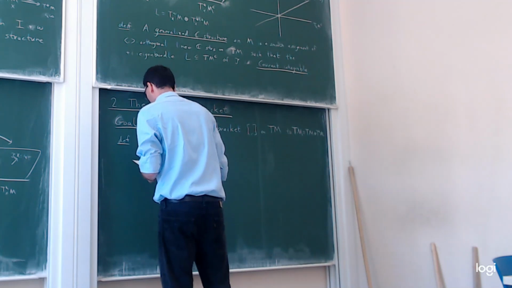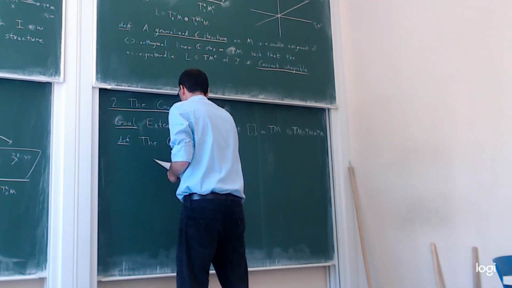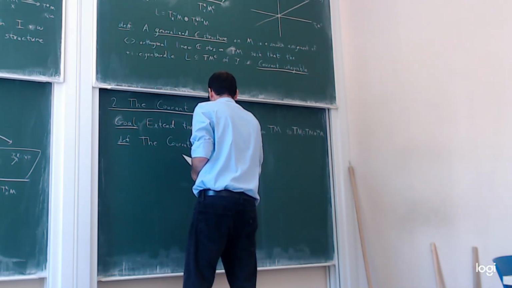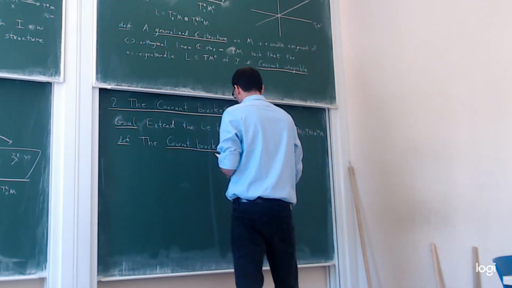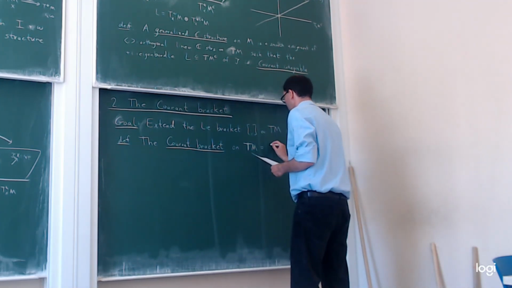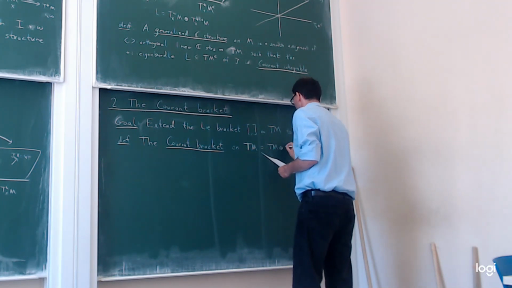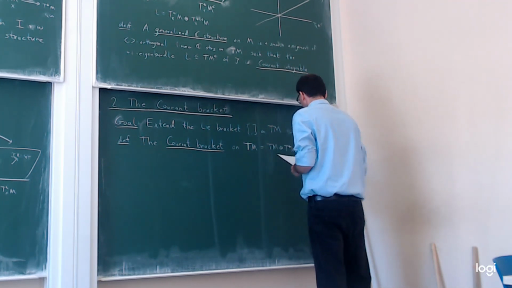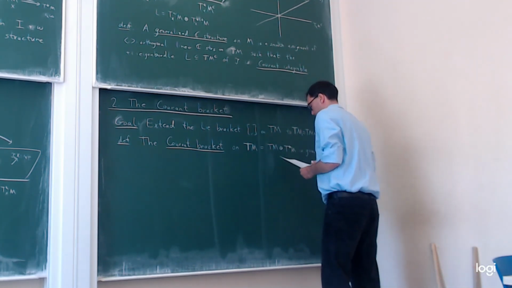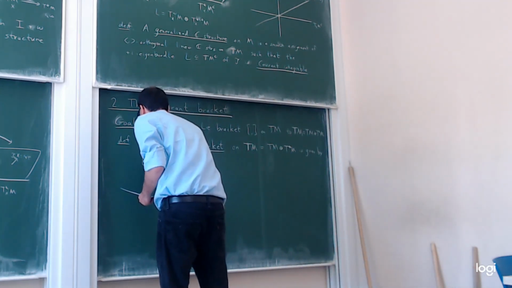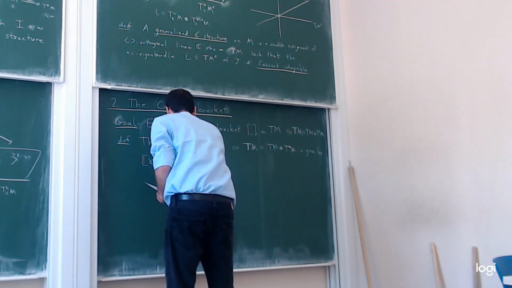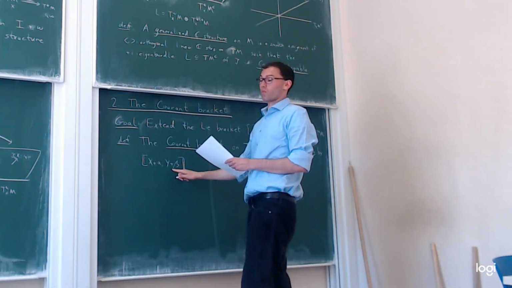So the Courant bracket on the extended tangent bundle is given by x plus alpha, y plus beta.